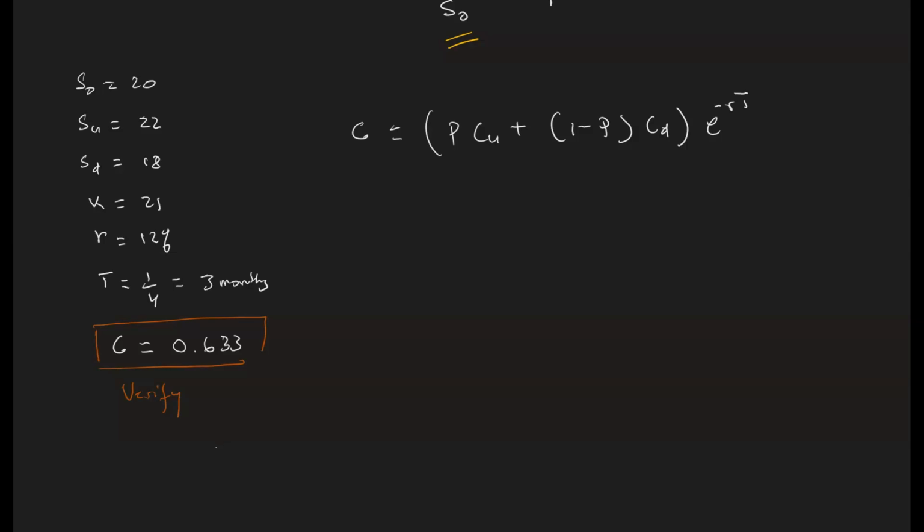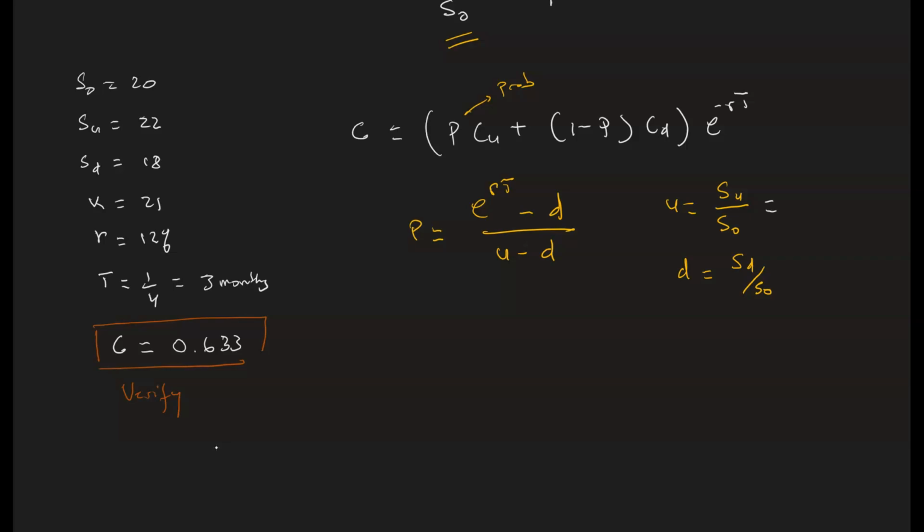We know that P, which is the probability, remember these are probabilities, is equal to the future value of $1 at the risk-free interest rate, minus D, divided by U minus D. And we know that U is equal to S up divided by S0, and D is equal to S down divided by S0.